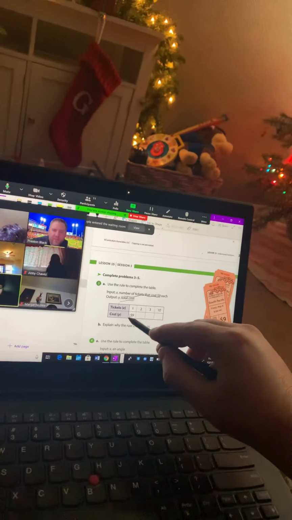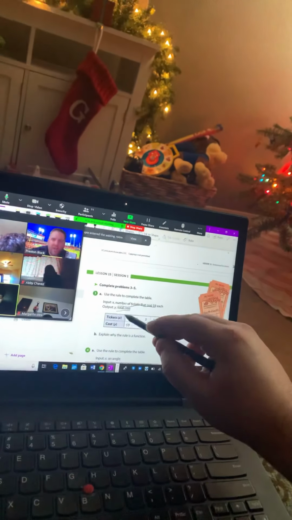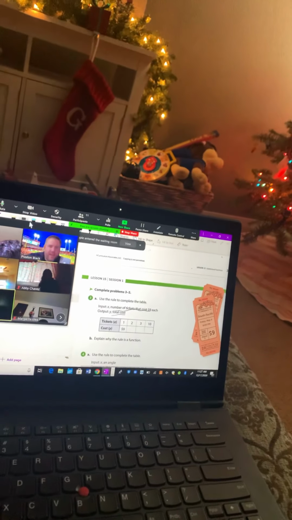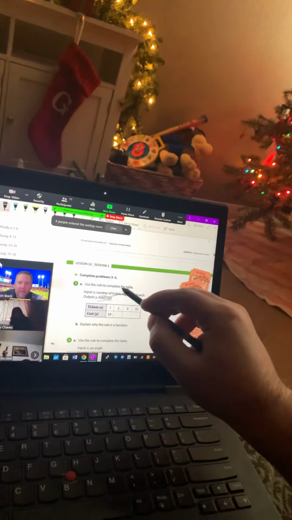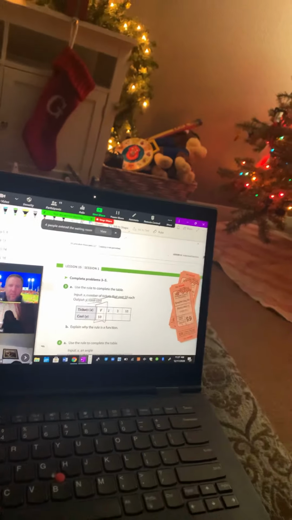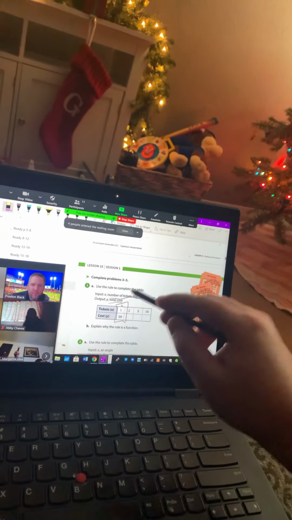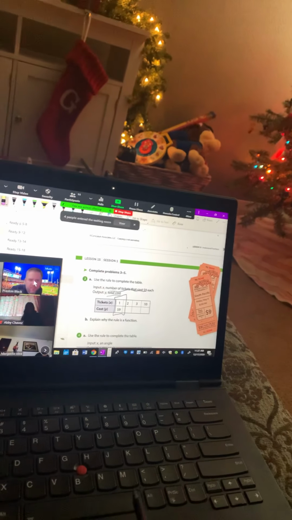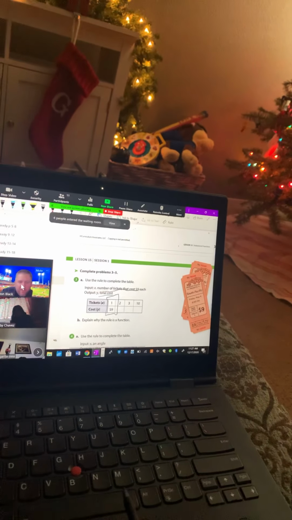If we were just to look at this and not realize what it meant or what it said, how could we look at the table and see what they're trying to tell us? Abby?